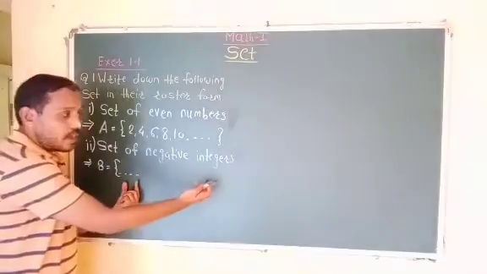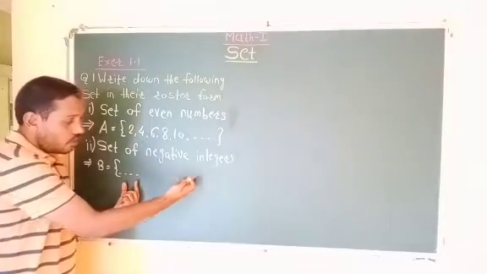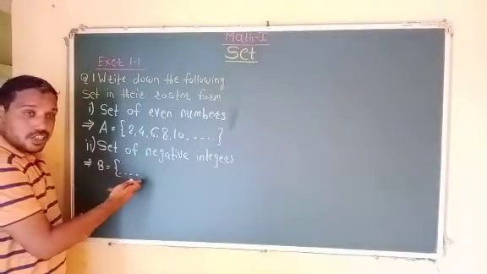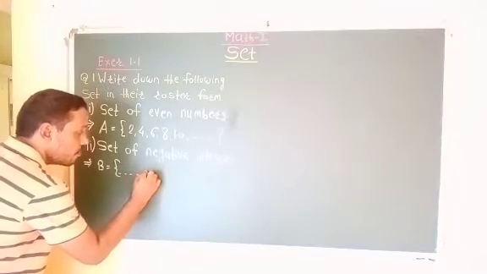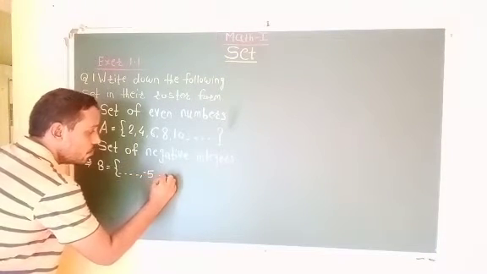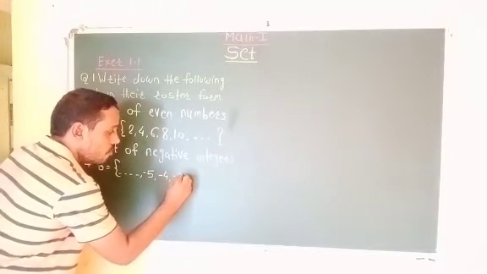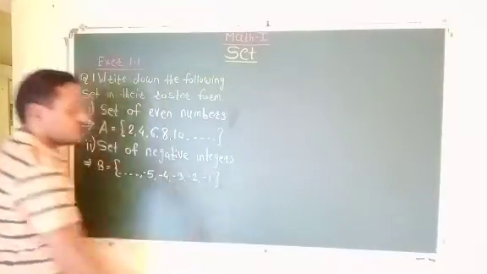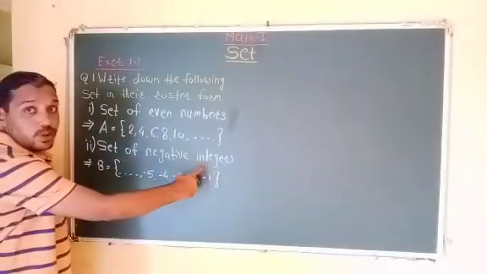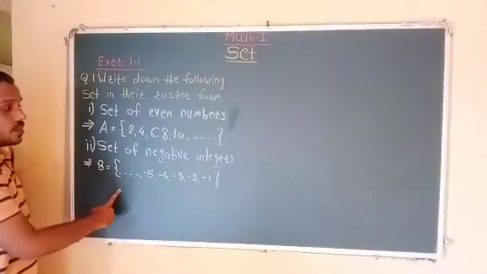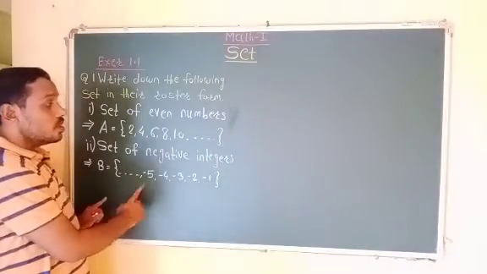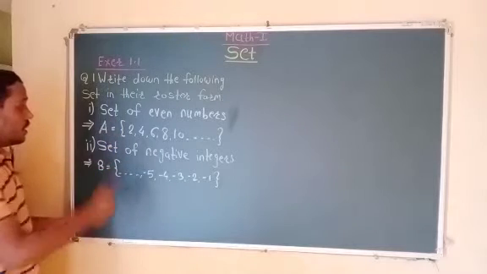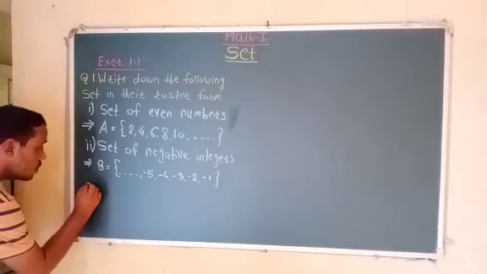Because the numbers continue on that side, so first we write the dashes, then after them -5, -4, -3, -2, -1. These are the negative integers. This is the list of the negative integers.